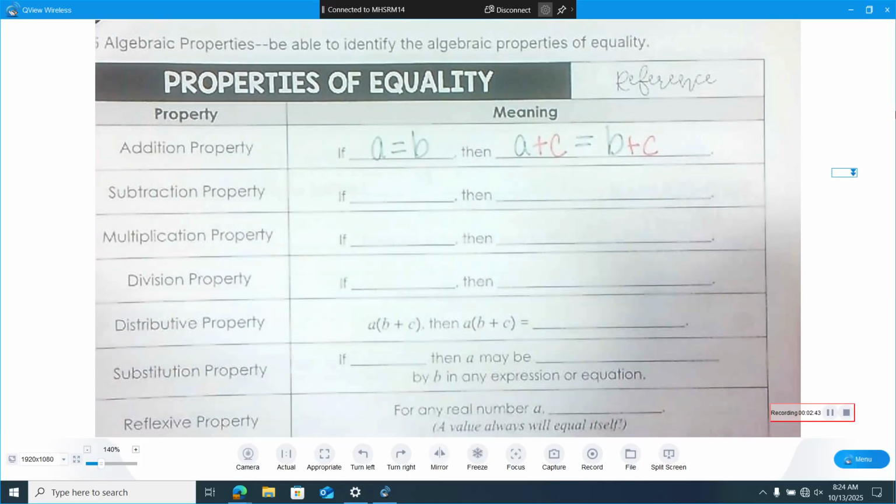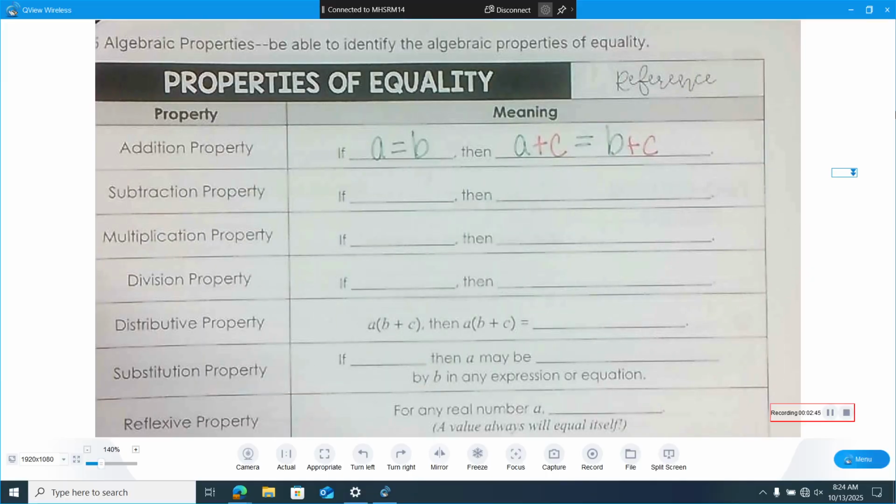We added the same number to both sides. And this is exactly what we do when we're solving equations. We add 2x to both sides of the equals, or we subtract 5 from both sides of the equals. So when we're solving equations, this is how we solve them.